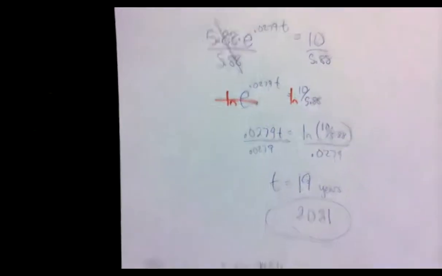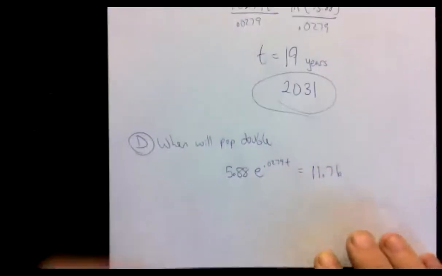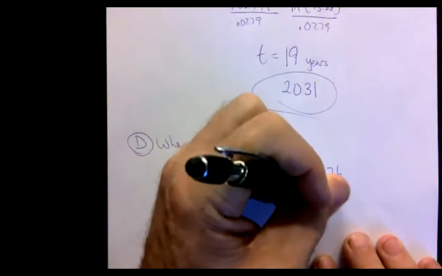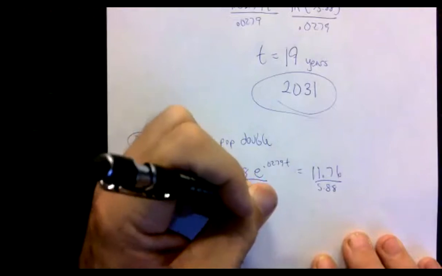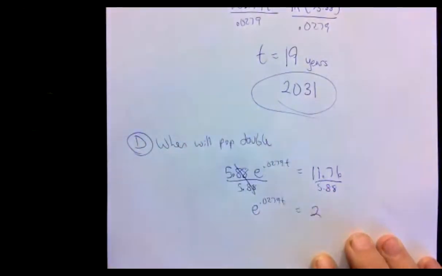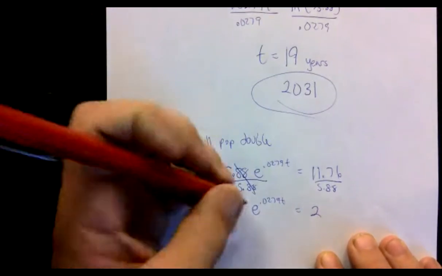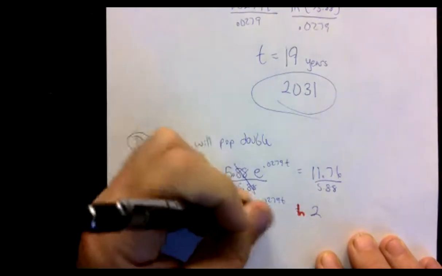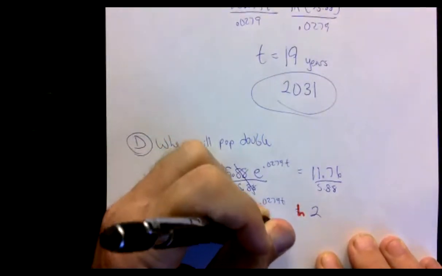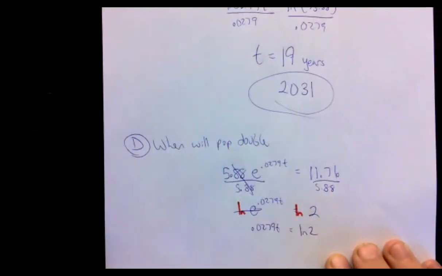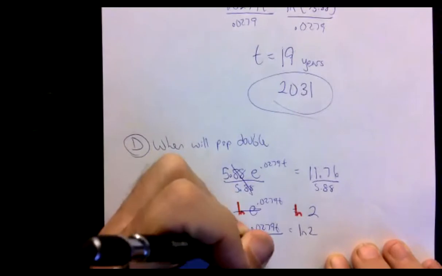Otherwise, it's going to be pretty much that same problem. So again, we're going to divide. To get rid of E, we natural log. To get rid of the multiplying, we divide.